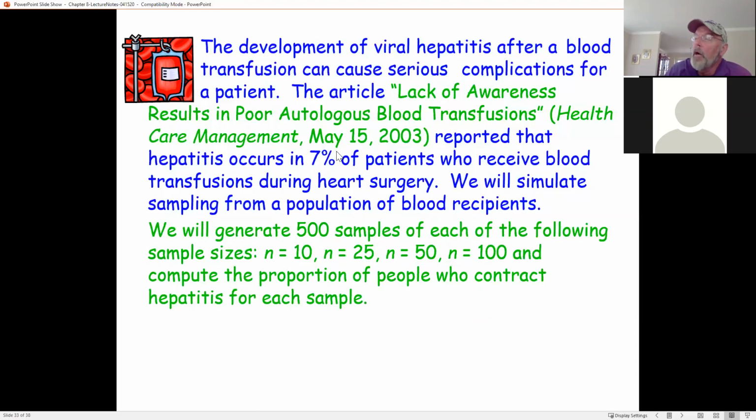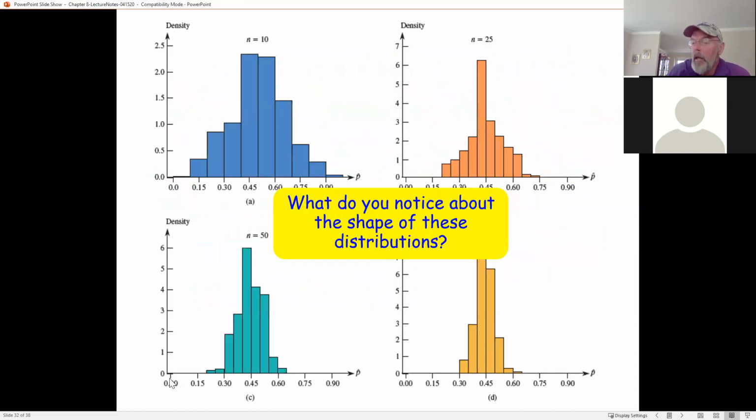Now, what we're doing here, this proportion right here would be 0.07, okay? This is on the low end of the scale along the x-axis. So if I were to use this histogram, 0.07 is right on this edge of the histogram, okay?